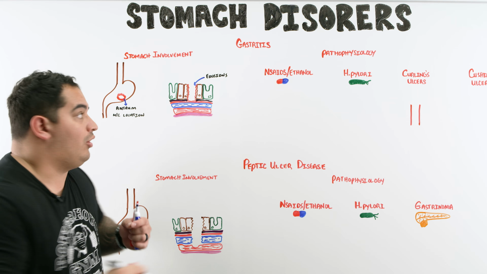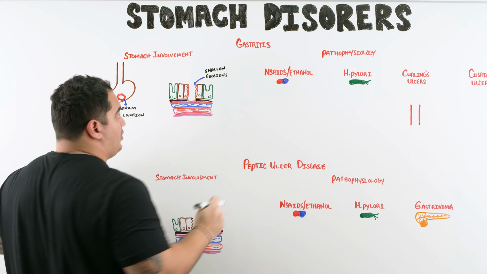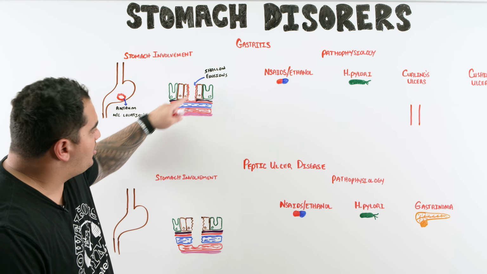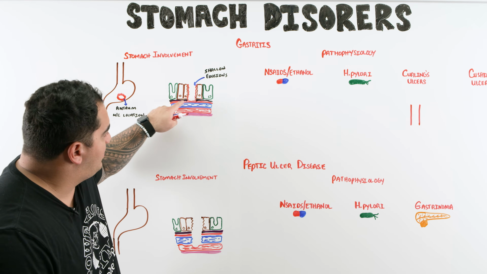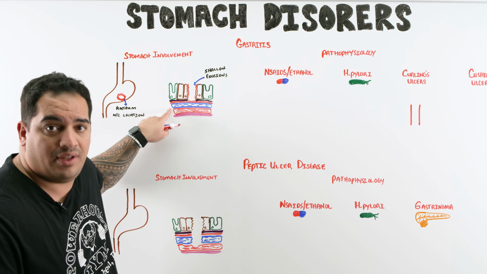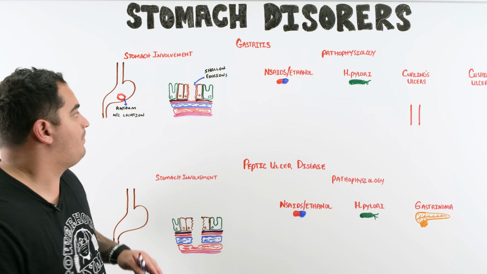They're really shallow, and that's really, really important. That's one big differentiation between gastritis and peptic ulcer disease. Small, shallow erosions usually only extend through the epithelial layer and sometimes into the lamina propria, but they'll never cross the muscularis mucosa and go into the submucosa. If they do, it's no longer gastritis, it's ulcers, peptic ulcers.